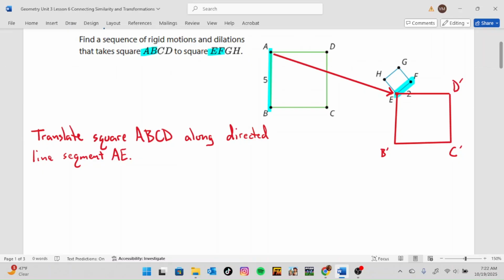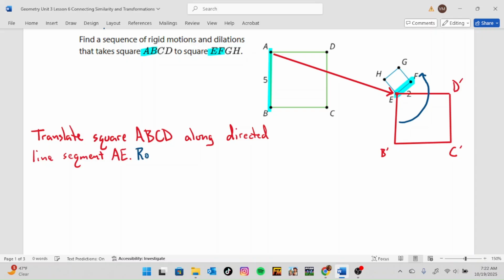Now the second thing I want to do is I want to rotate side EB counterclockwise until it's laying on top of line EF.